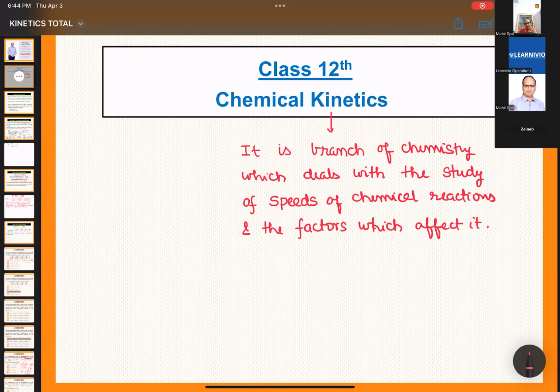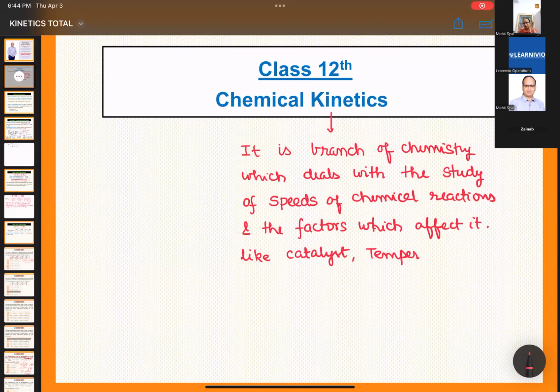A reaction can become fast or it can become slow. Catalyst, exactly. What else? Temperature.